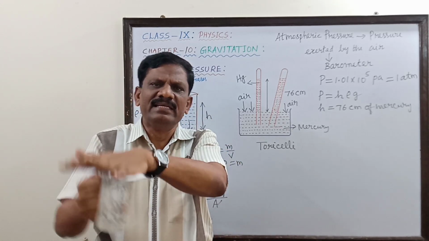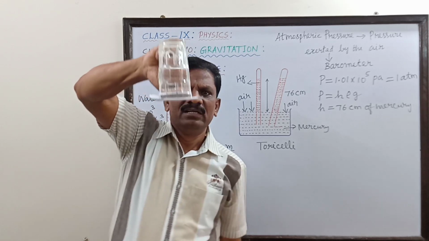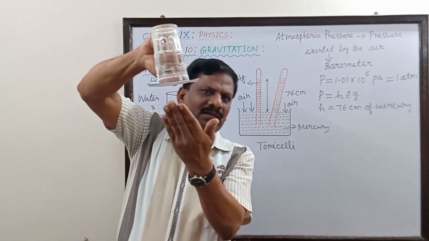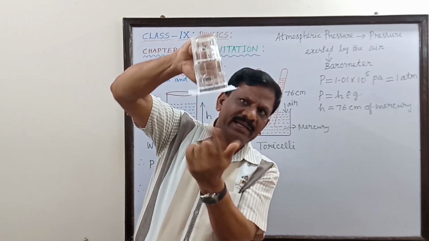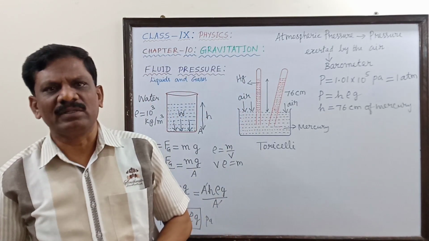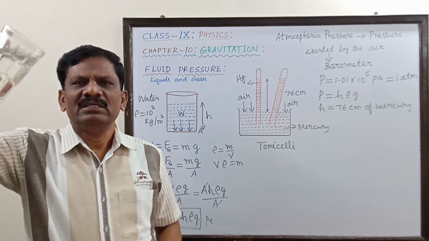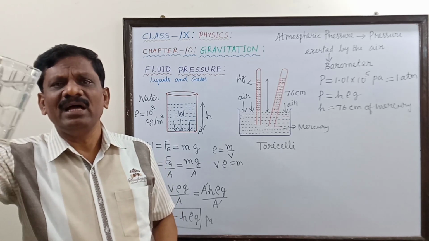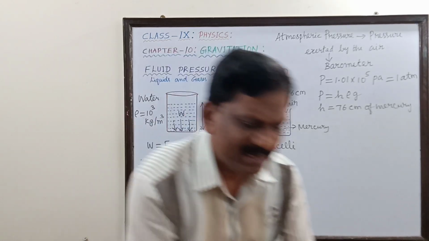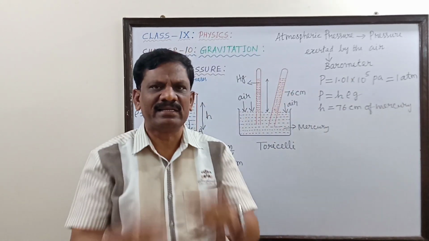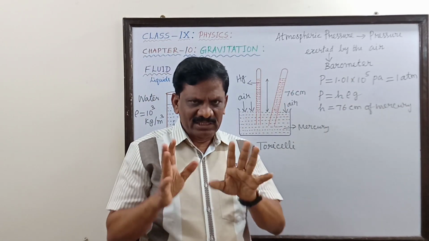And I will invert this container. Can you see that the pressure of the air is acting upward on the cardboard, so that it is balanced by the weight of the liquid inside the container. So the air exerts pressure in the upward direction also. So this is a demonstration to understand that the air exerts pressure in all the directions.